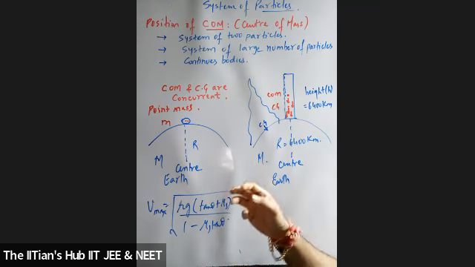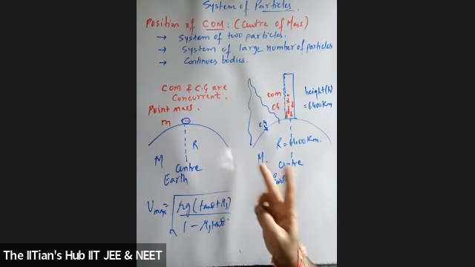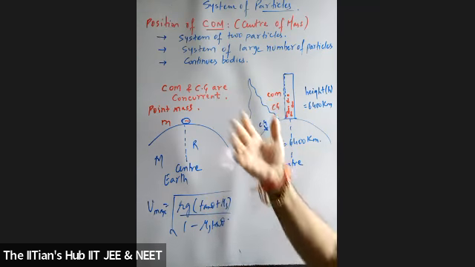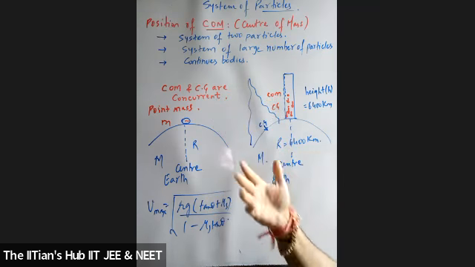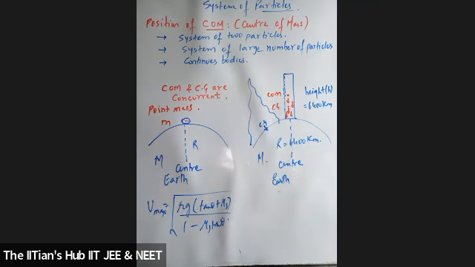If I go for mass distributed in continuous manner, then we go for integration of dm. For a point mass, center of mass and center of gravity are both concurrent. For objects which are not of point mass, that means the mass is quite huge and comparable to the Earth, then in that case, your COM and CG will be different.